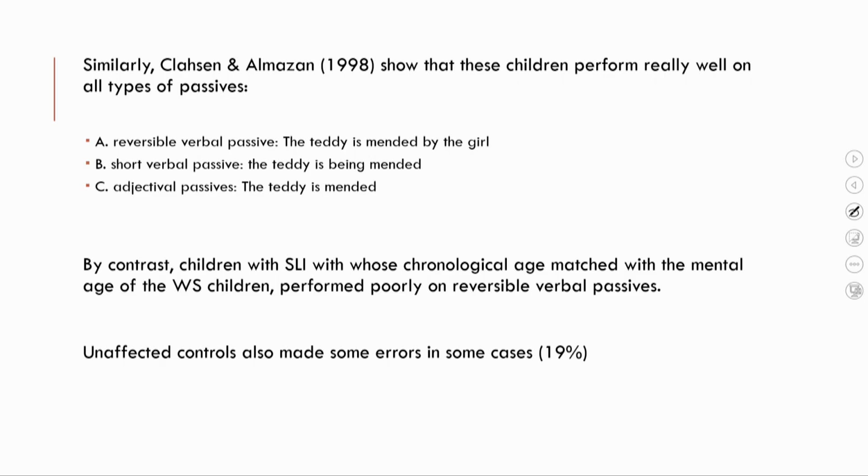By contrast, children with SLI whose chronological age matched with the mental age of the WS children, they perform poorly on this kind of passives. So, unaffected controls also made some errors in some cases, because these are difficult constructions in the first place, but WS children seem to do pretty well.